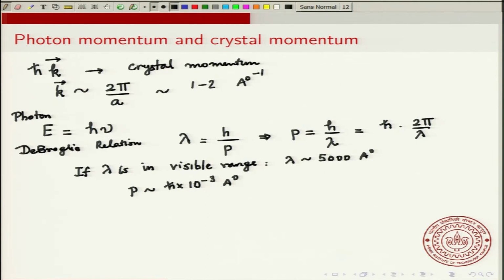Whereas for the crystal momentum, h bar k is of order h bar times 1 to 2 angstrom inverse.